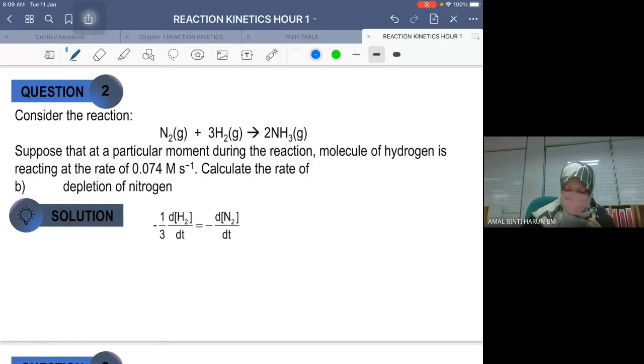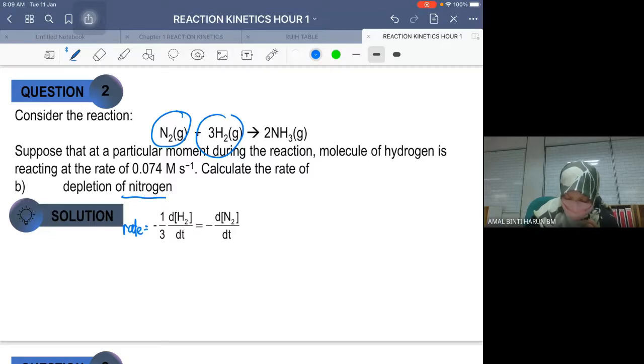The depletion of nitrogen. Okay, nitrogen. So kita tulis differential rate antara nitrogen dan hydrogen. So rate equal to -1/3 d hydrogen equal to negative d concentration nitrogen with time. And given kita nak cari nitrogen, depletion of nitrogen.